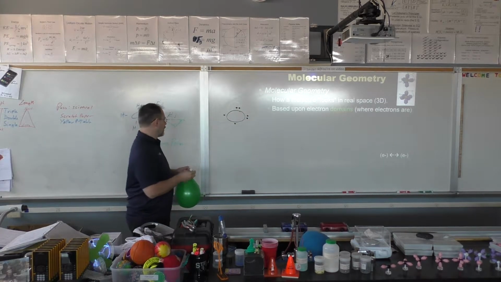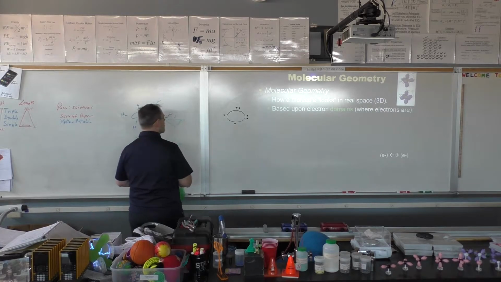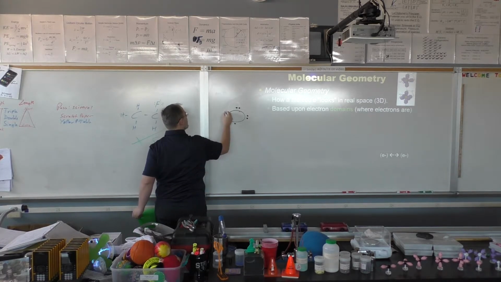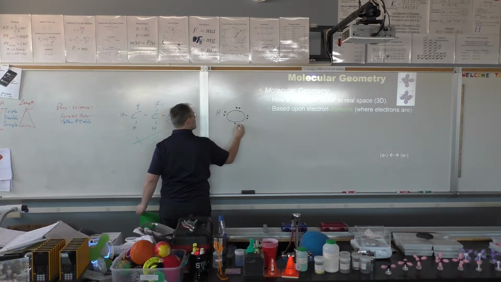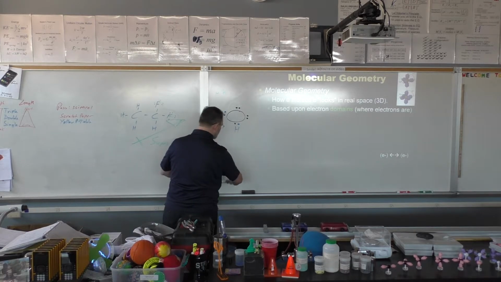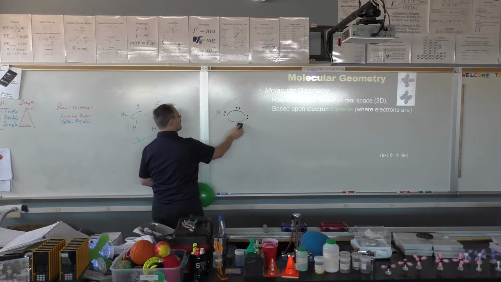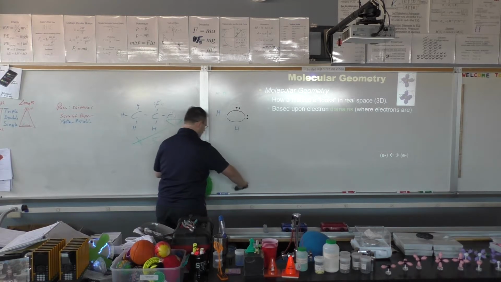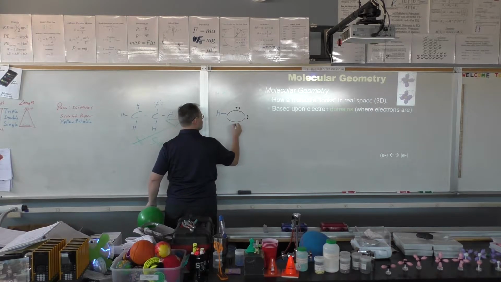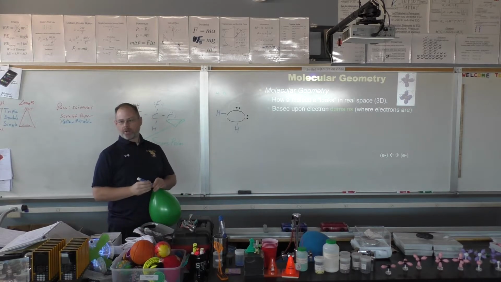Now around water, you're also going to find hydrogen. Now hydrogen has 1 dot each, so we're going to put hydrogen right here and hydrogen right here. And when we have those bonding dots, we're going to replace those bonding dots with sticks. Okay? Now that's our water molecule.